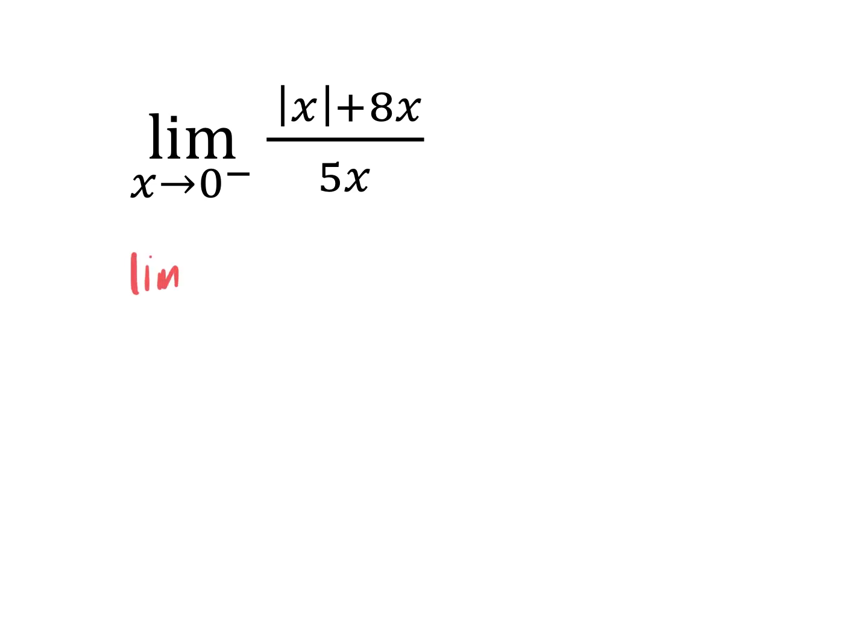We're going to take the limit as x approaches 0 from the left of the absolute value of x over 5x plus 8x over 5x. Let's start with the easy one. I can cancel those x's, so then what's my limit? For the 8x over 5x, if I cancel those x's out, 8/5.